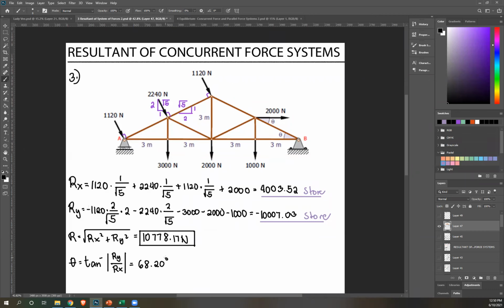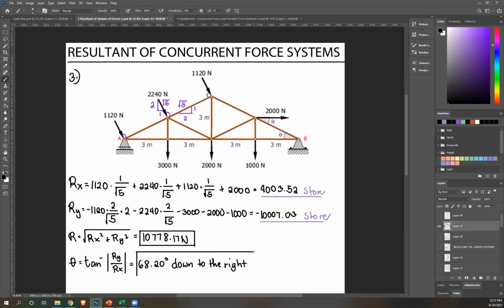Remember, theta is always positive because we're taking the direction from our Rx and Ry. Both of them are positive, therefore that's okay. Ry is negative, Rx is positive, therefore that is downward to the right.